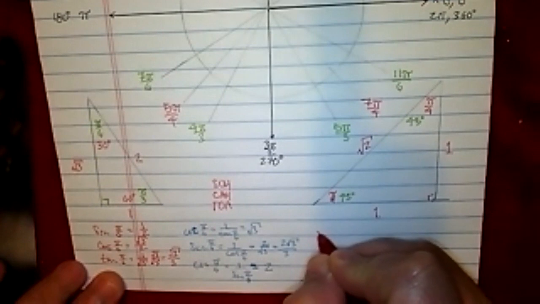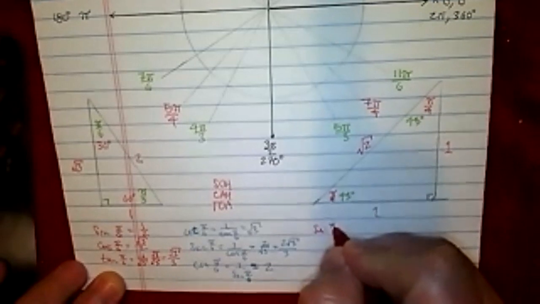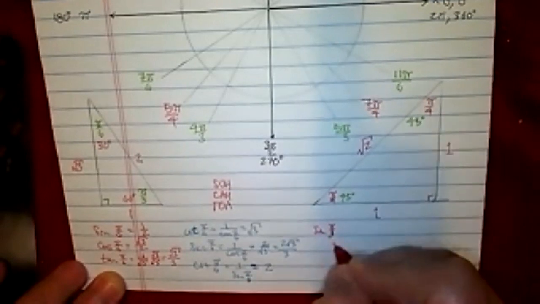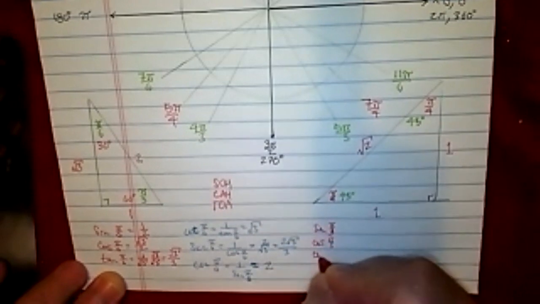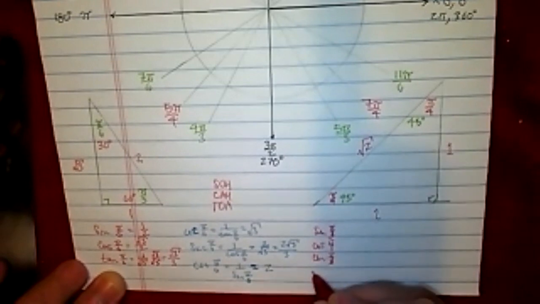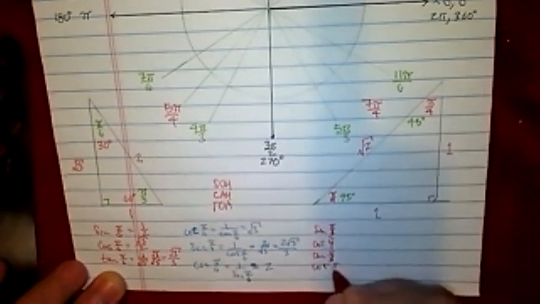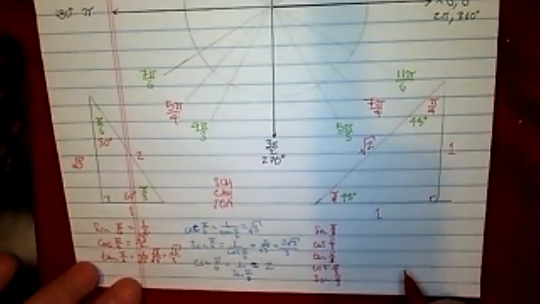So I'm going to say sine of pi over 3, cosine pi over 3, tangent pi over 3, cotangent pi over 3, secant pi over 3, and then cosecant pi over 3.